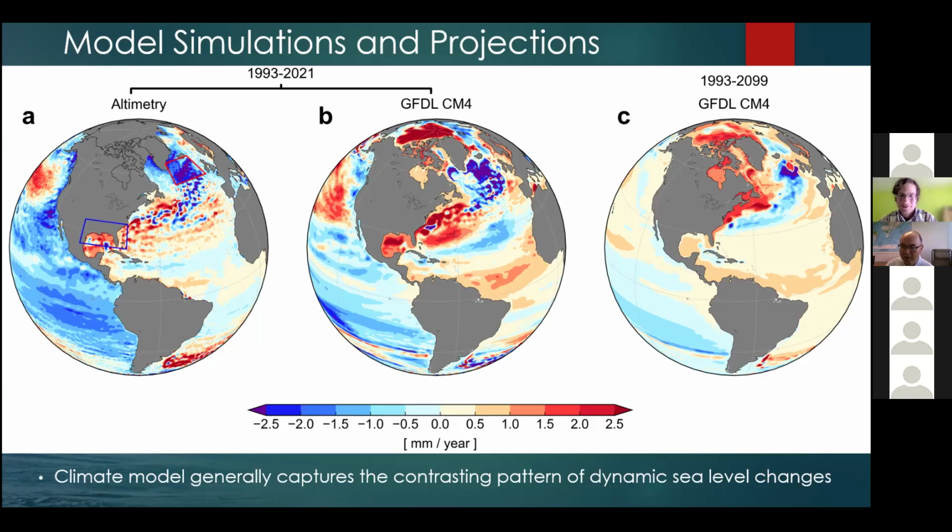Both the warming and the freshening reduce the upper ocean density, so the ocean becomes more stratified in the high latitude North Atlantic. That can inhibit ocean deep convection and deep water formation, so eventually that causes the weakening of the overturning circulation. Okay, great.